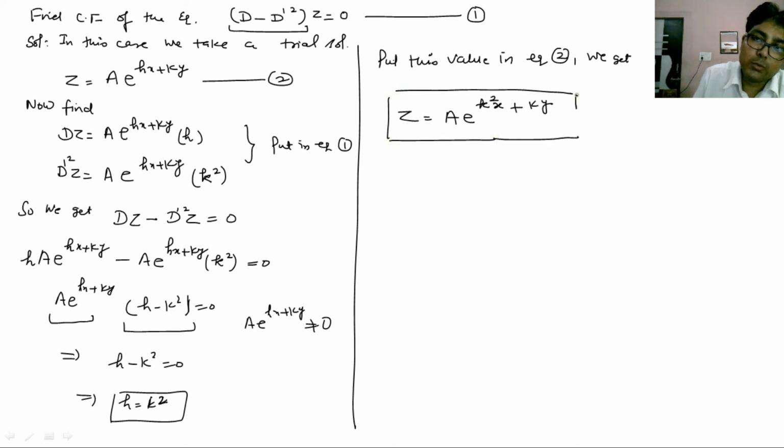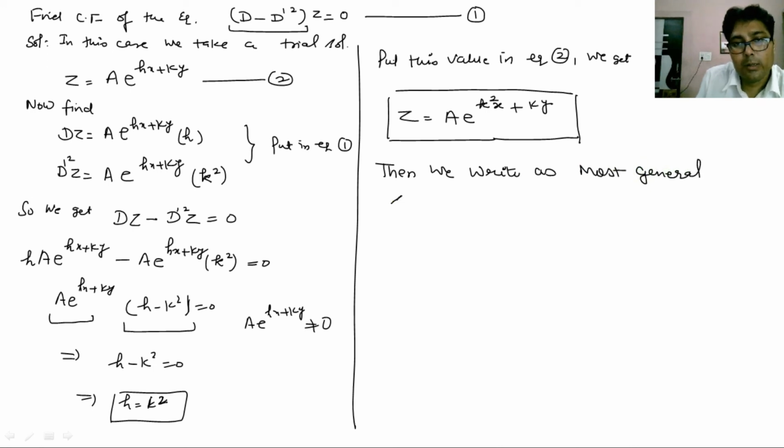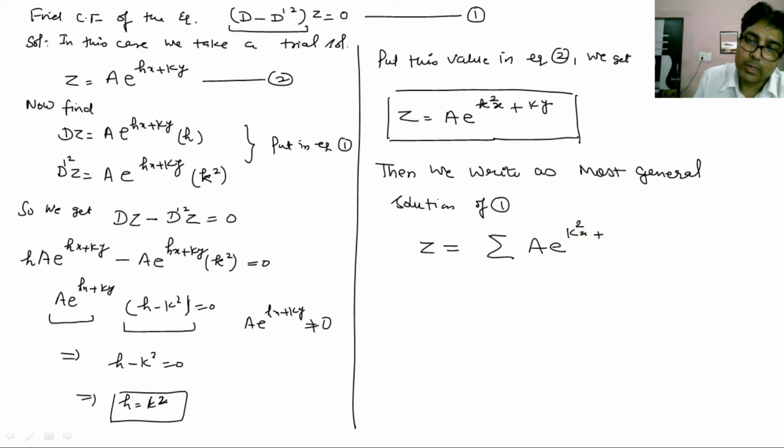Then the most general solution of first, we take the summation of the terms a e^(k^2 x + ky).